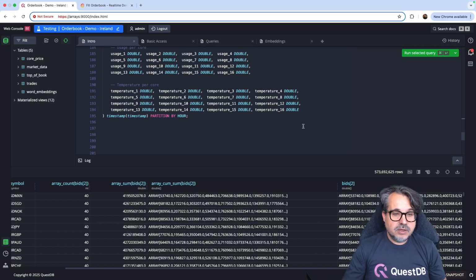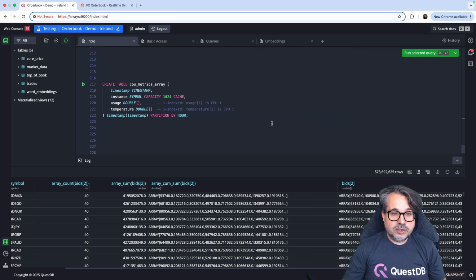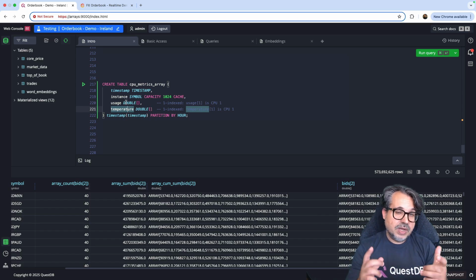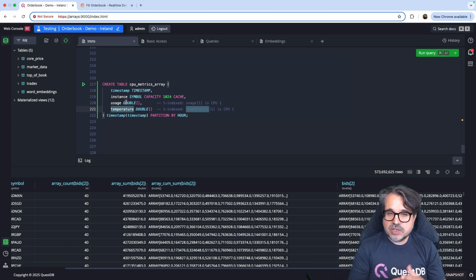So with arrays, you could just go with a solution in which you create the timestamp, the instance, the usage as a one-dimensional array, and the temperature as a one-dimensional array. So usage bracket 1 will be the first position, usage bracket 2 will be the second position, and so on, until usage or temperature bracket 16. That's about it. So you can use arrays for many different scenarios.